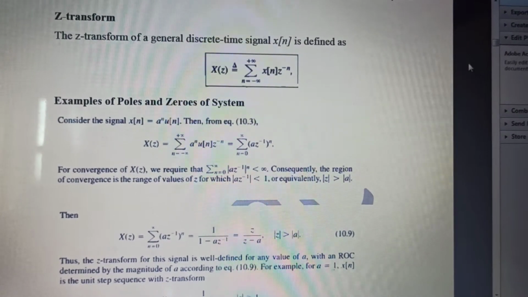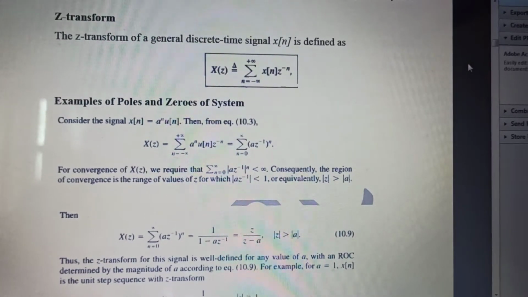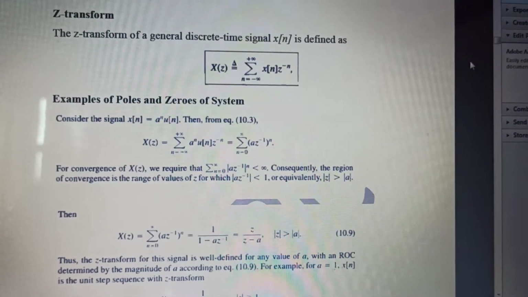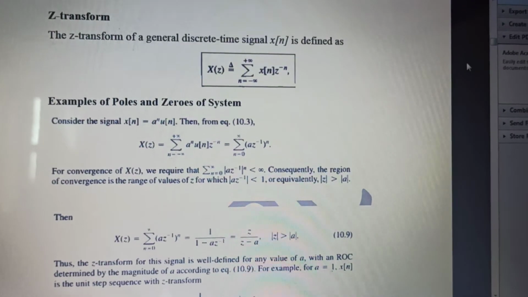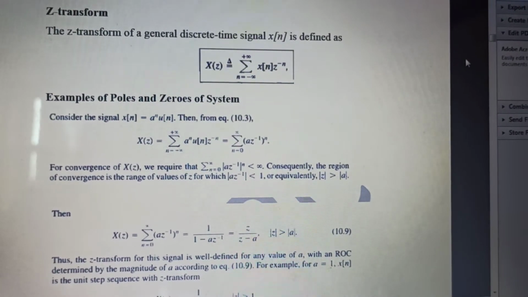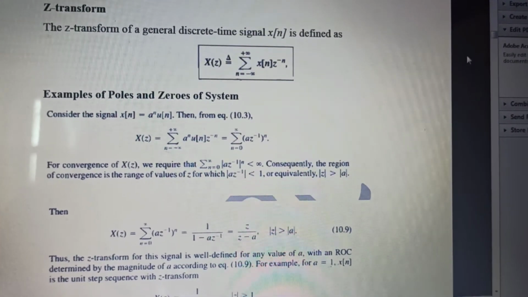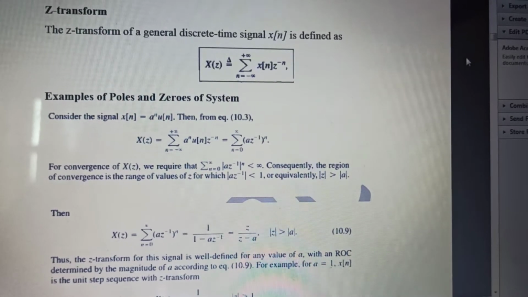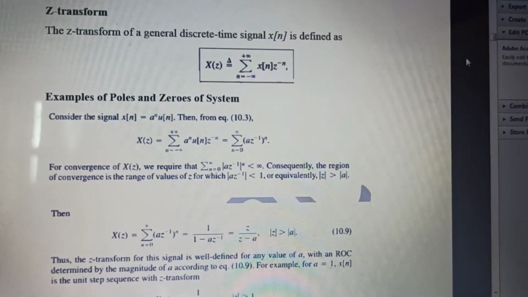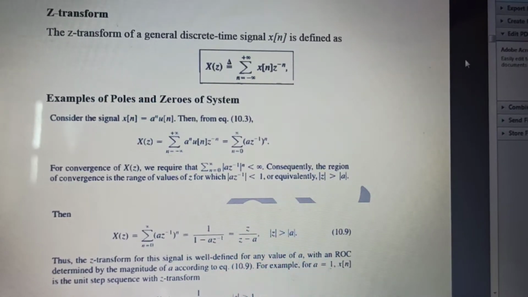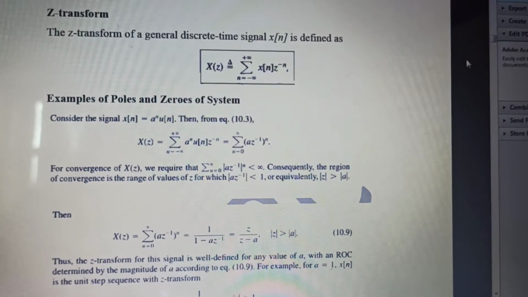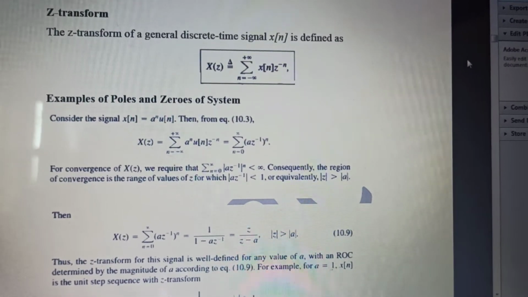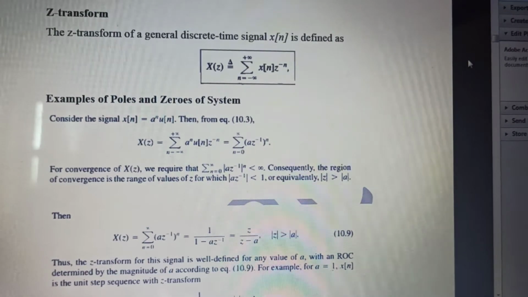So now we are left with r into e to the power minus j omega n. I think this part is now becoming very clear. That r, when multiplied, gives us the real part, and r e to the power minus j omega n will give us the z part. So the z is obtained.